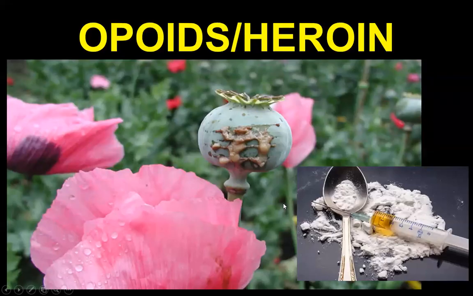And that's the opioids. Okay, it goes like opioids. And where are the opioids made from, right? Opioids are like opium. Opium is made from this plant. Okay, the opium plant.